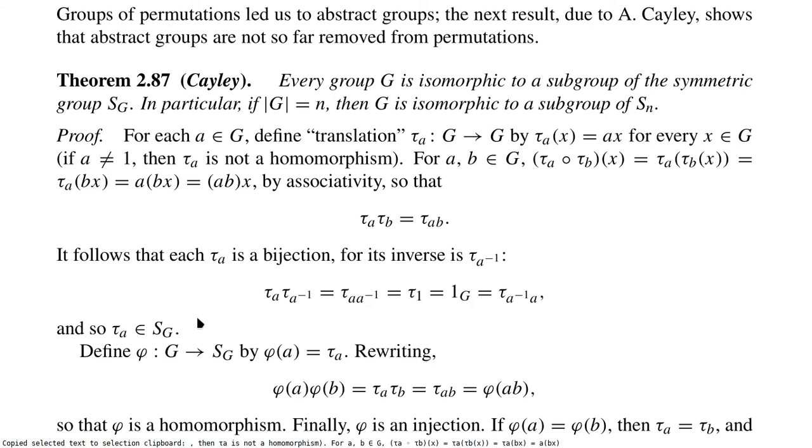So what this says is that tau A times tau B is equal to tau of AB. If you multiply two translations, that's equivalent to taking the translation of the product.